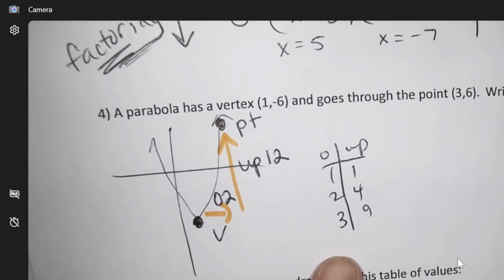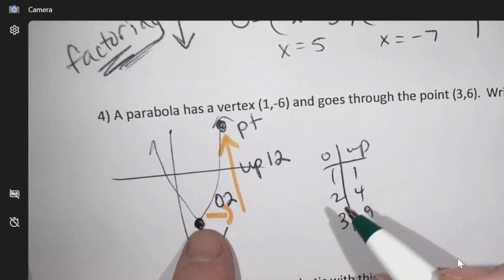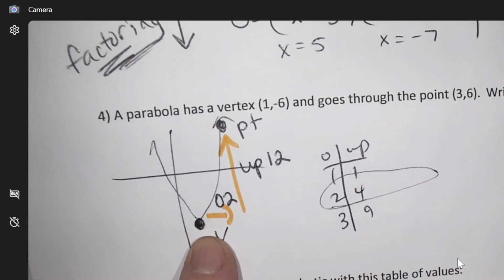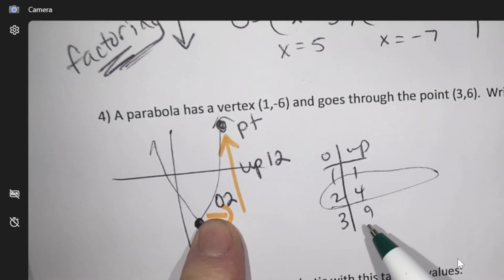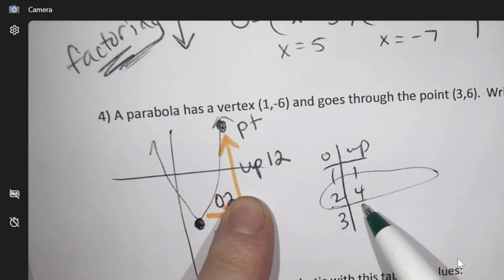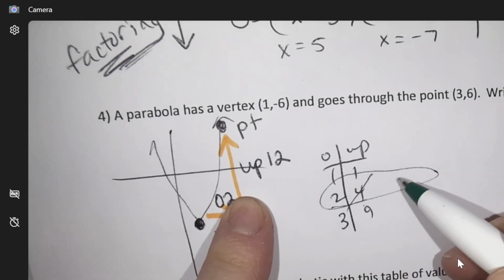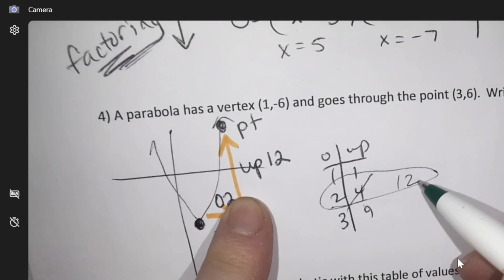Okay, this is the normal pattern, but I didn't follow that rule. So here's what I did. I'm looking at this line. I went over 2. I should have gone up 4, but I went up 12.